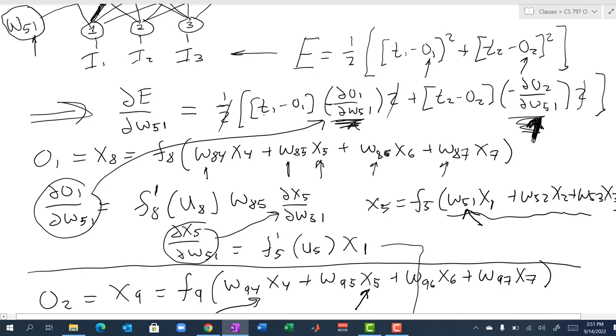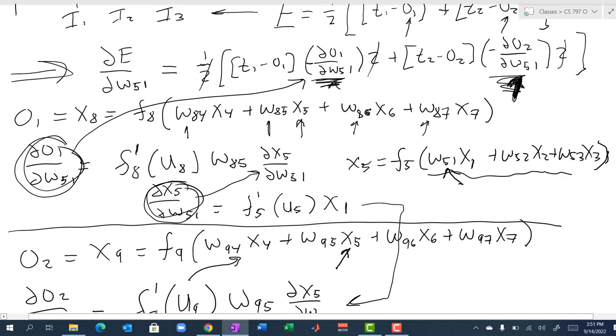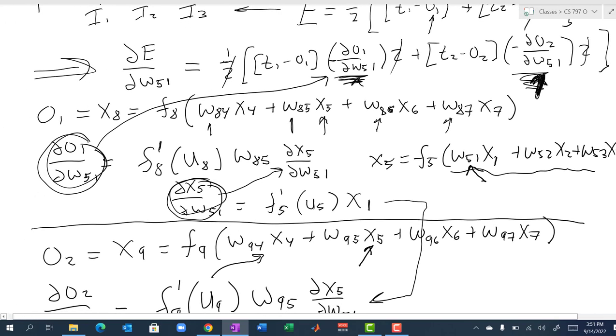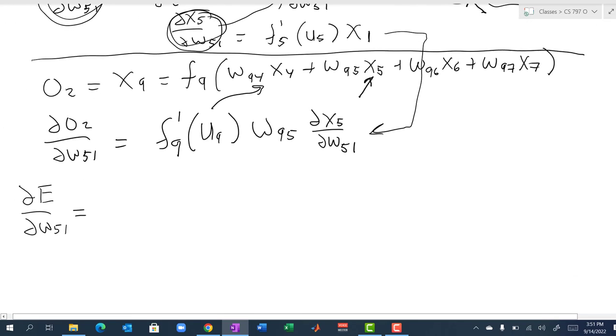So we're going to get T1 minus O1 times F prime 8 U8 times W85 times F prime 5 U5 X1. So we're getting all of this stuff here, and this stuff here. Got to remember to grab that minus sign that we had up there.